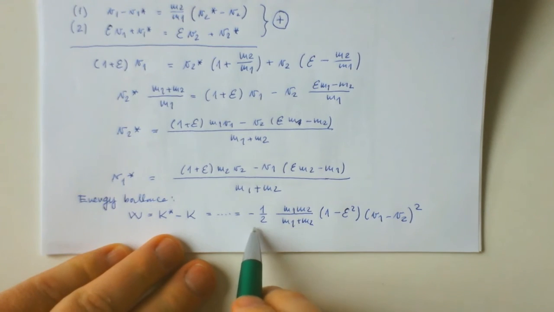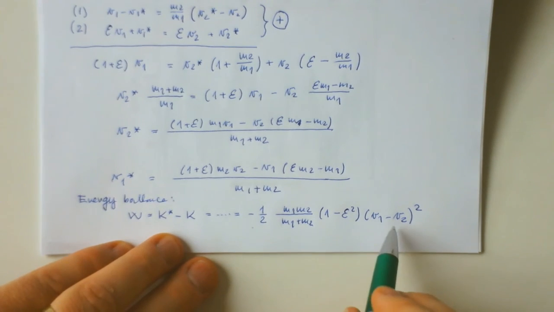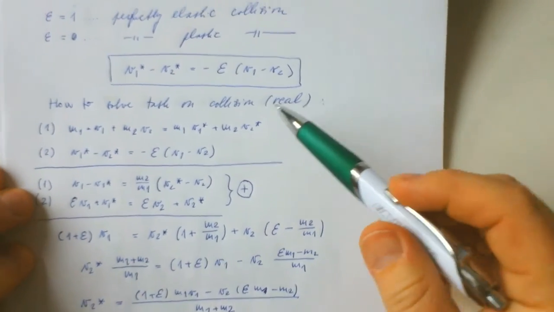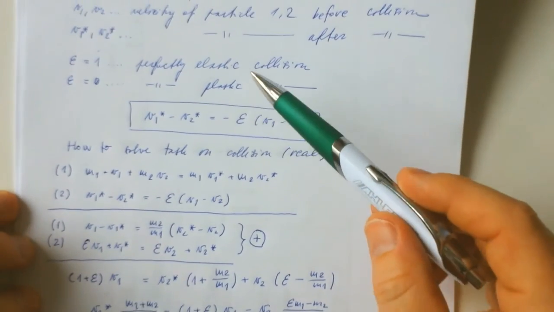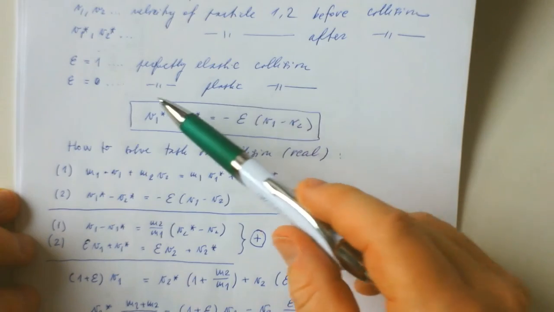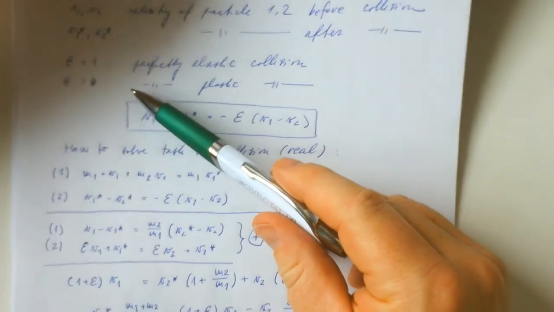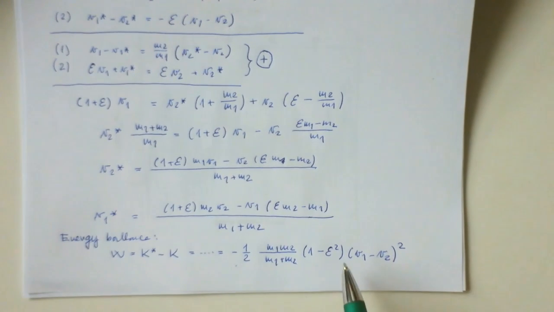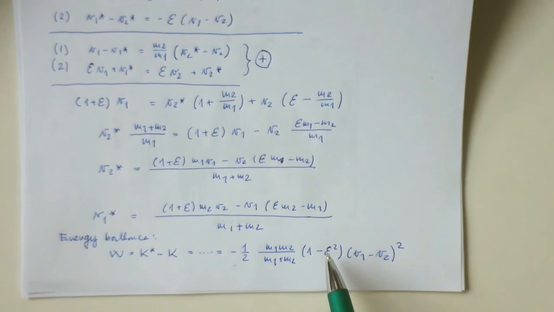So you can see that we lose energy, not as much as in the case of a perfectly plastic collision, where epsilon is 0. If epsilon is 0, we lose all energy.